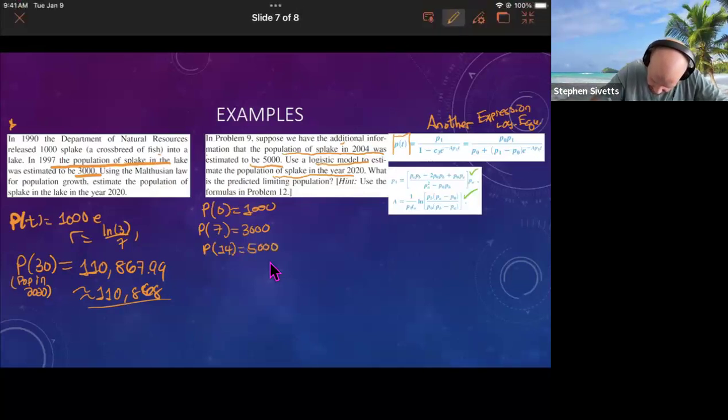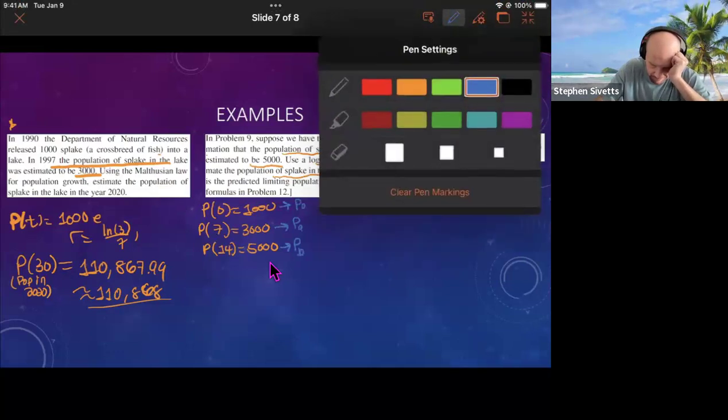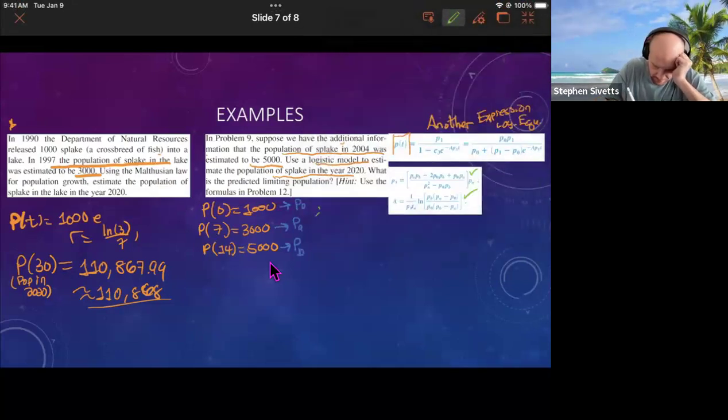And in 2004, that's a span of 14 years since 1990, it would equal 5,000. So essentially this here is P0, this is PA, this here is PB. T0 is 0, and then TA is 7, and then TB is 14.